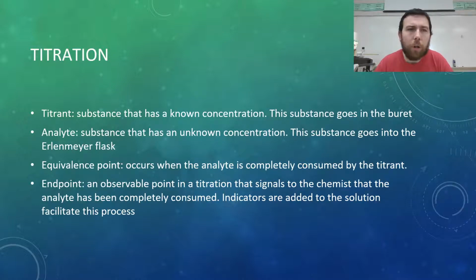Now, when we start talking about titrations, there are 2 points that we need to be familiar with. The first of which is the equivalence point. And the equivalence point can be defined as the point that occurs when the analyte has been completely consumed by the titrant. So if you think about that, what we're communicating is we've completely consumed the analyte.